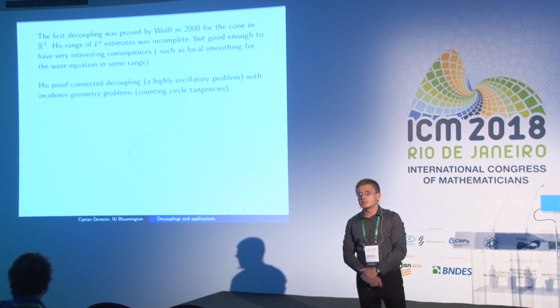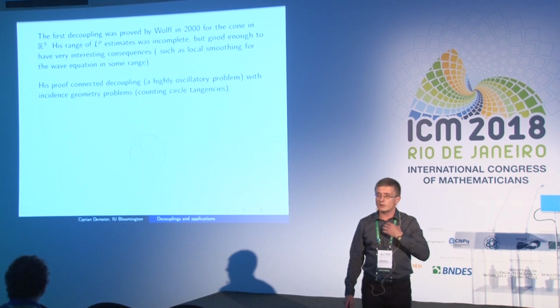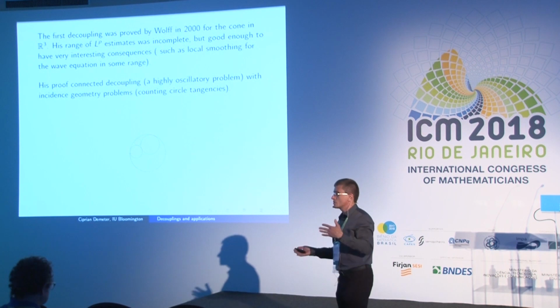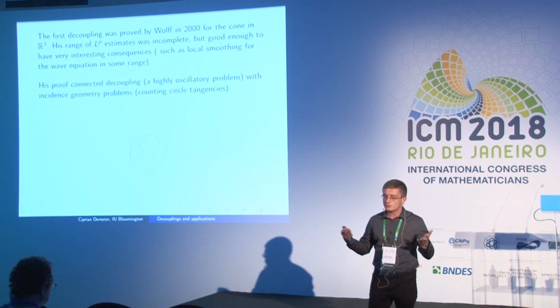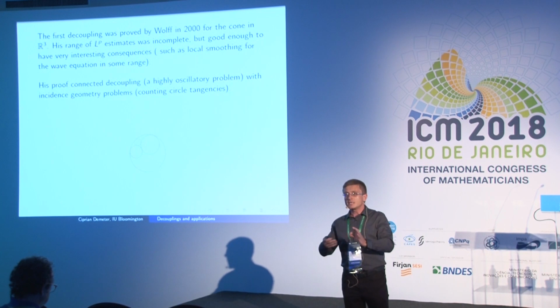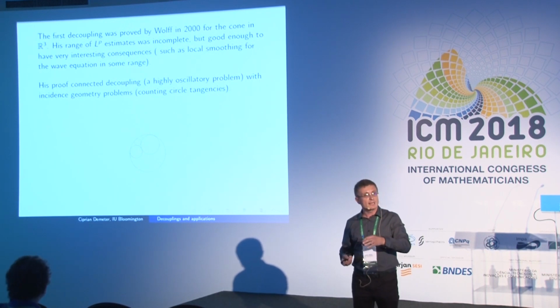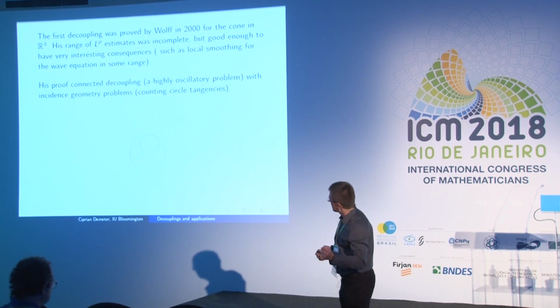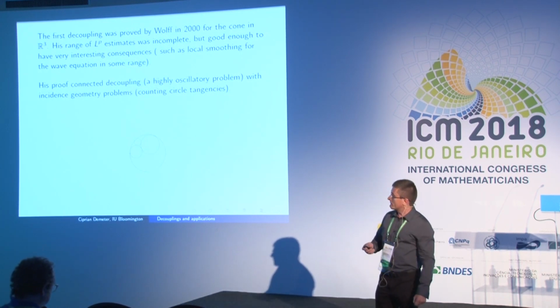So very briefly, incidence geometry is concerned with the number of intersections between 2 different structures. For example, you could have points and lines in the plane, and the beautiful Szemerédi-Trotter theorem says that there's only that many incidences, that is pairs of points and lines that intersect, in terms of the number of lines and the number of points. There is a similar problem involving circles.